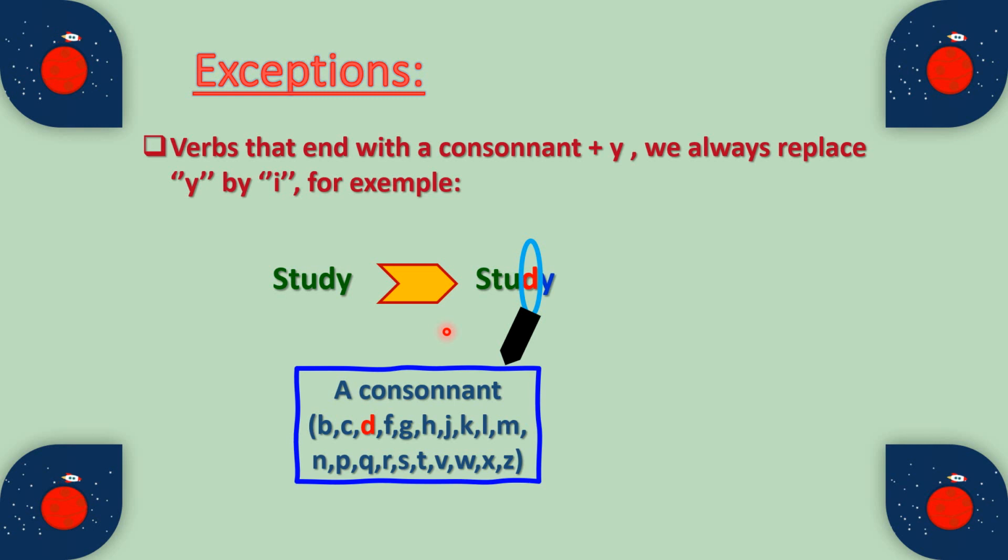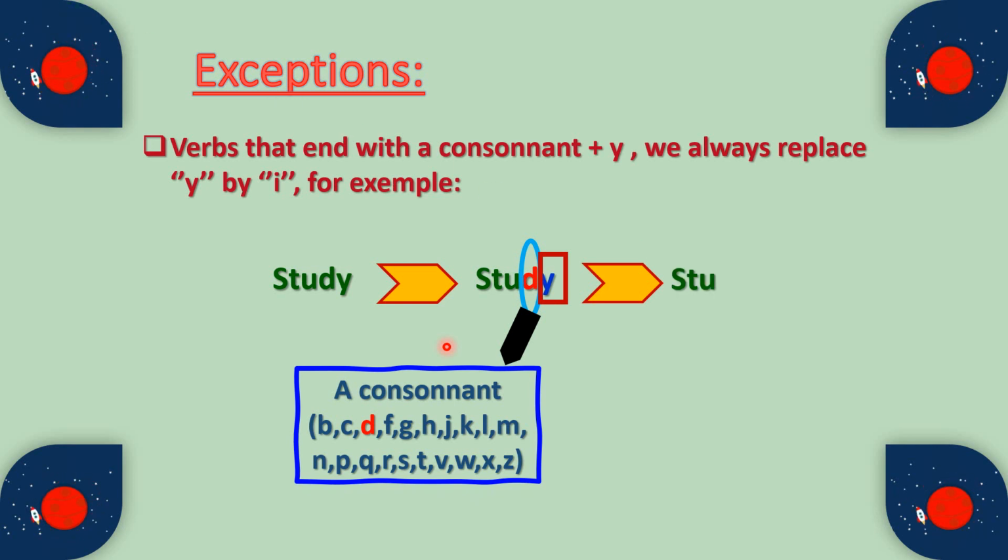And consonants in English are B, C, D, F, G, H, J, K, L, M, N, P, Q, R, S, T, V, W, X, Z. These are consonants, and D is a consonant. And we have Y.